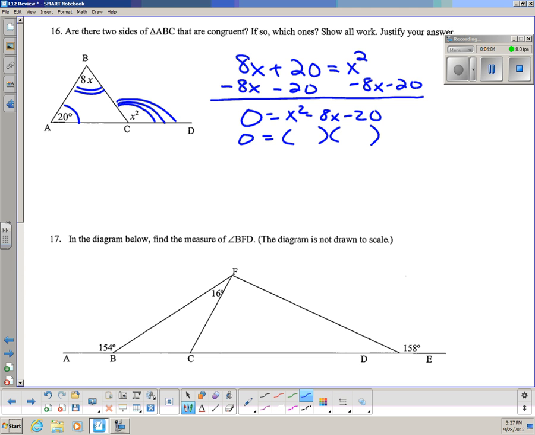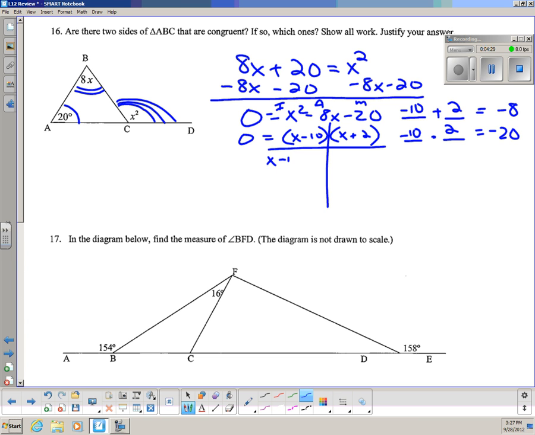So I'm looking for 2 numbers that add up to -8 and multiply to -20. The pair of numbers that satisfies this is -10 and 2. So now I get x minus 10 times x plus 2 is equal to 0.